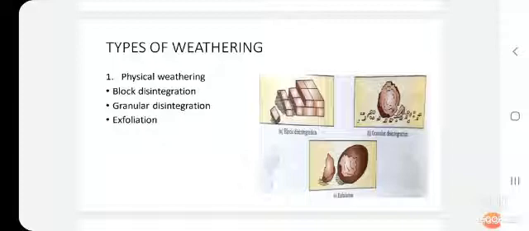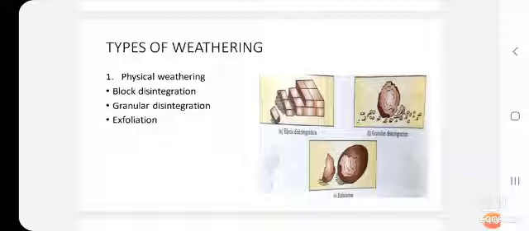And what type of changes in temperature? Due to the heating or cooling, the mineral grains of a bedrock expand or contract. Okay, children, these mineral grains of a bedrock expand or contract at different rates. It causes the breaking of rock into pieces and fragments of grains.